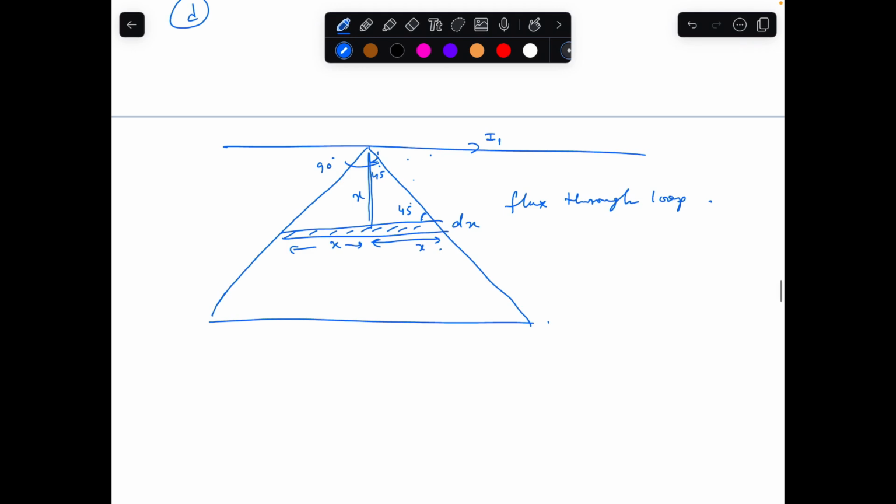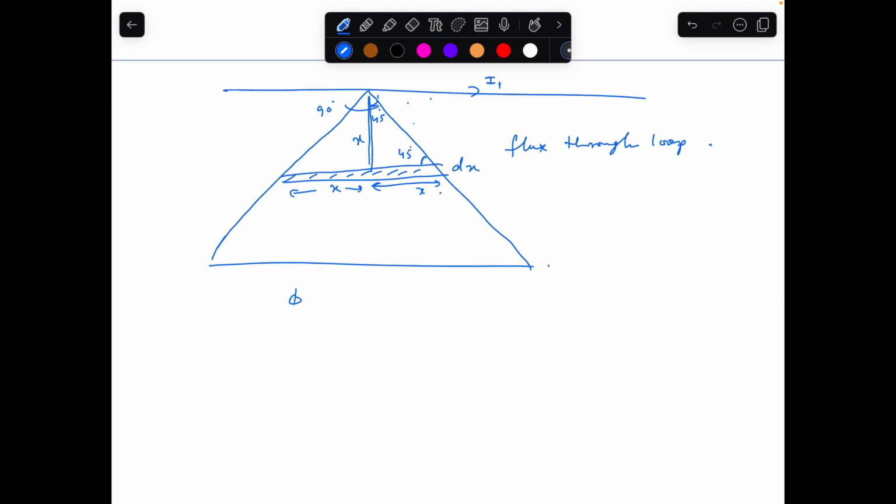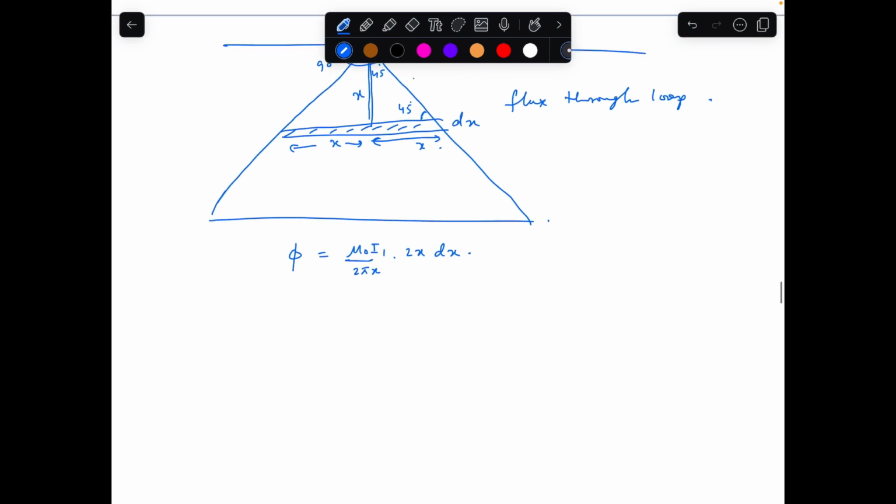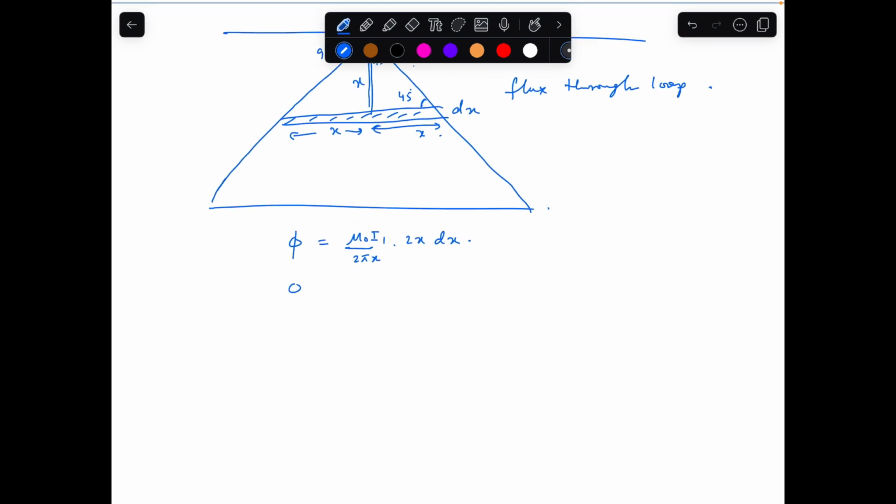Similarly, this is also x. So what is the flux? Phi will be mu naught I by 2 pi x. Current is I1 here. So mu naught I1 by 2 pi x into 2x dx. This is the phi.